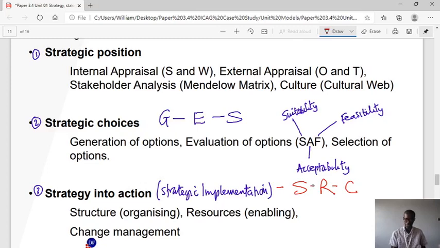So S is the organization structure, organizing things within the organization. Then the R is the resources that you need to be able to effectively carry out the strategy. And then the C is how you are going to manage change over the strategic process. You need to know how to manage change, the resources, and the structure. How implementation of strategy affects these various activities.